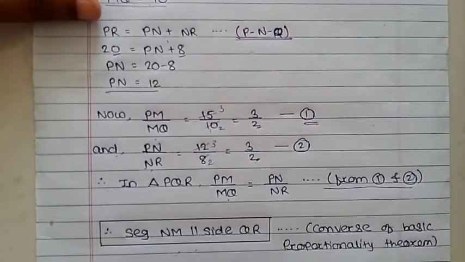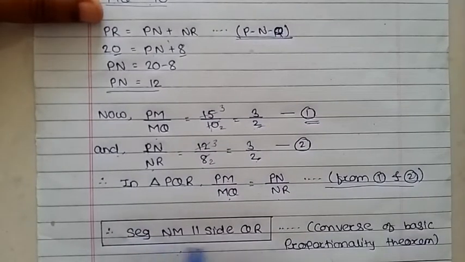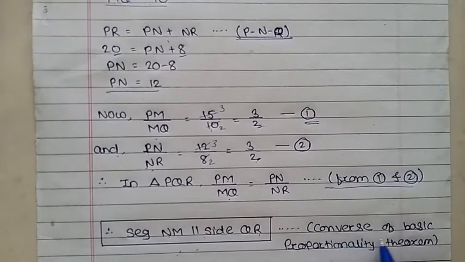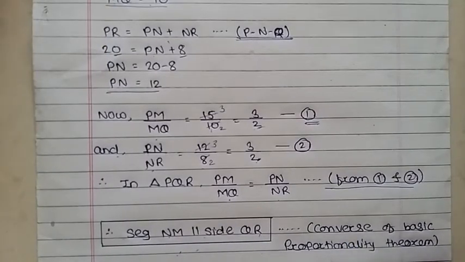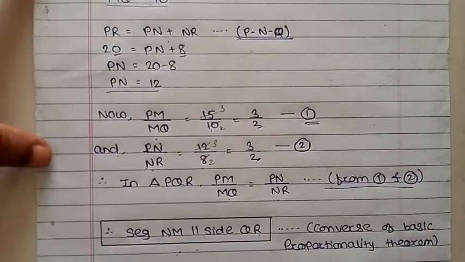So segment NM is parallel to side QR because of the converse of the basic proportionality theorem. Clear? Is this problem clear to all of you? Okay, next.